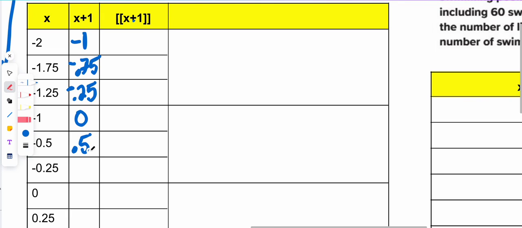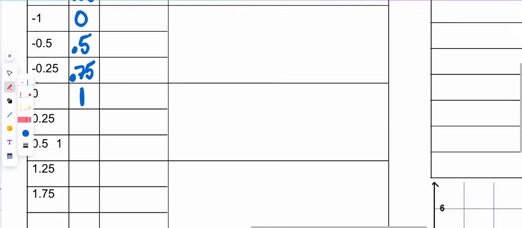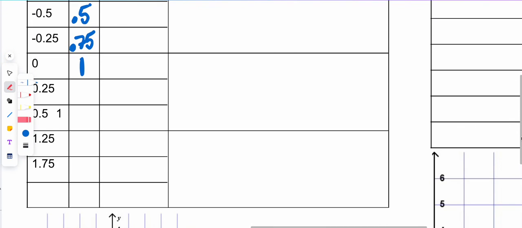Negative 0.25 plus 1 is 0.75. 0 plus 1 is 1. 0.25 plus 1 is 1.25. 0.5 plus 1 is going to be 1.5.